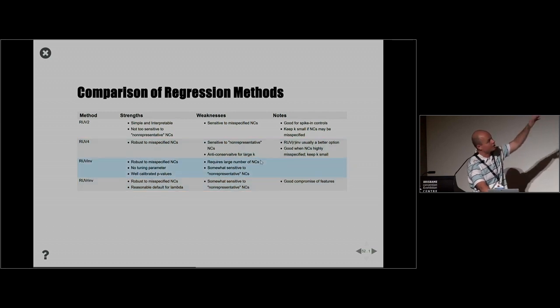So if there is some biology, as long as there's not too much, both of those will probably be okay. And as a first option, very often the thing that you'll want to use is RUV-R inverse. That one will work in most situations. So as I have it here, it has a good compromise of features. Yeah?